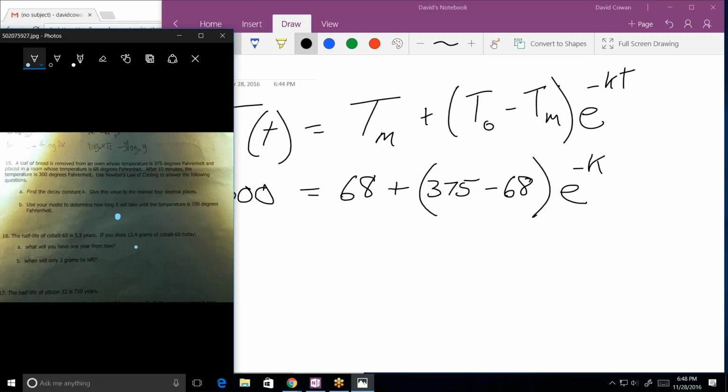And so t can be in anything. They'll typically tell you what t is in, but it doesn't have to be years. It can be in seconds, minutes, or months.